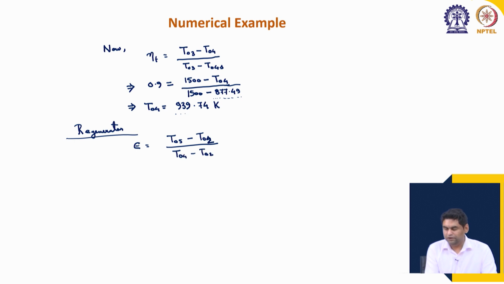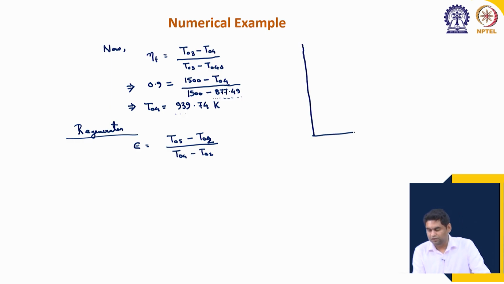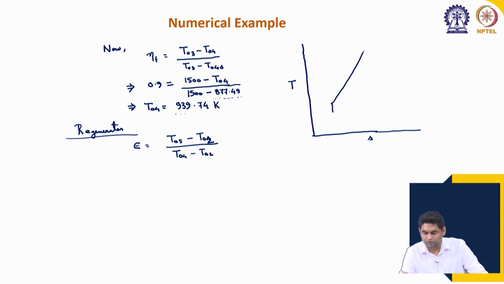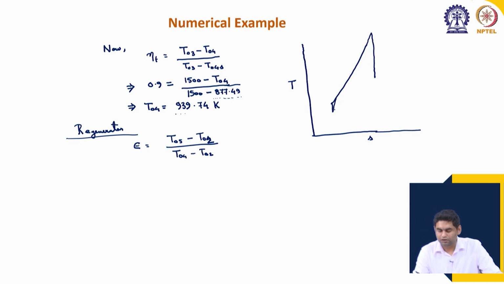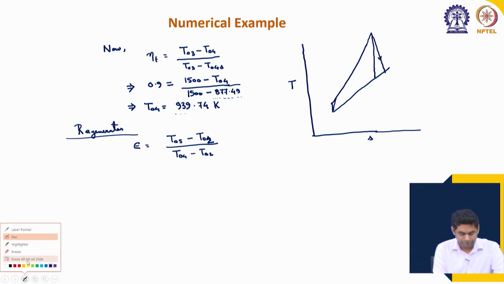Let me draw the diagram again without the pressure losses, because the pressure losses make it somewhat difficult to comprehend, but we can have this diagram as reference. So, without pressure losses it is not difficult to draw. Pressure losses are still there, but we are not drawing those pressure losses here. Now, this is much better.